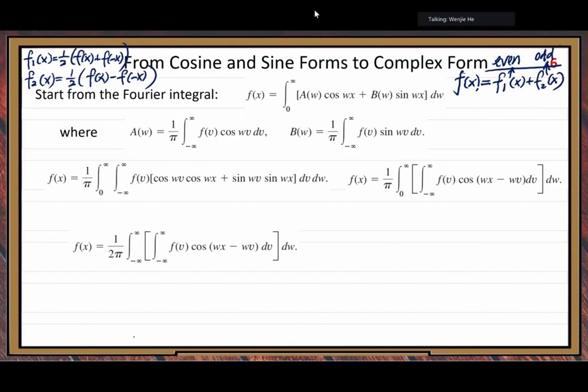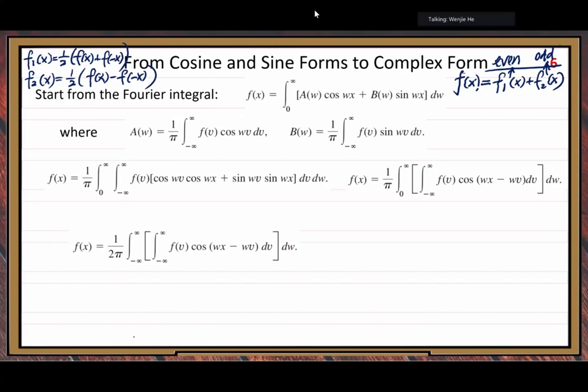If the whole function is an even function, we just extend the integral range to the whole axis. We double its value, so we need to divide by 2 to go back.